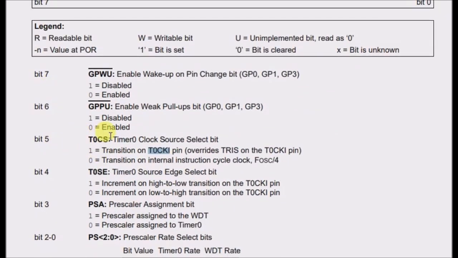The TOCS bit is the timer 0 clock source select bit. Setting it to 1, transitions on the clock pin, or GP2. I'm surprised it doesn't say GP2. 0 uses the internal instruction cycle clock.